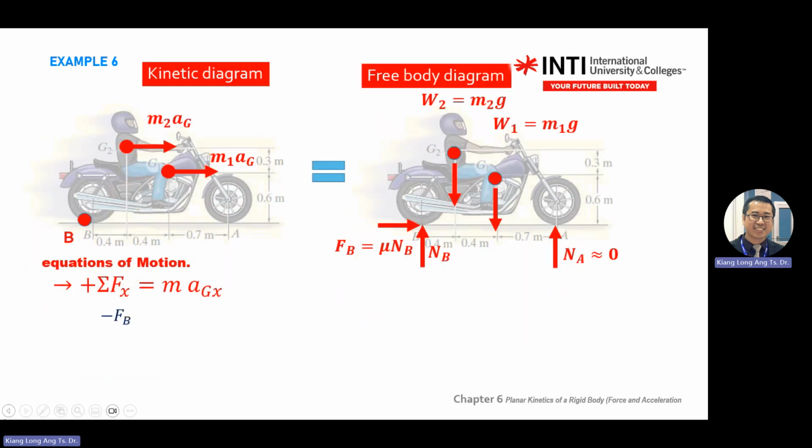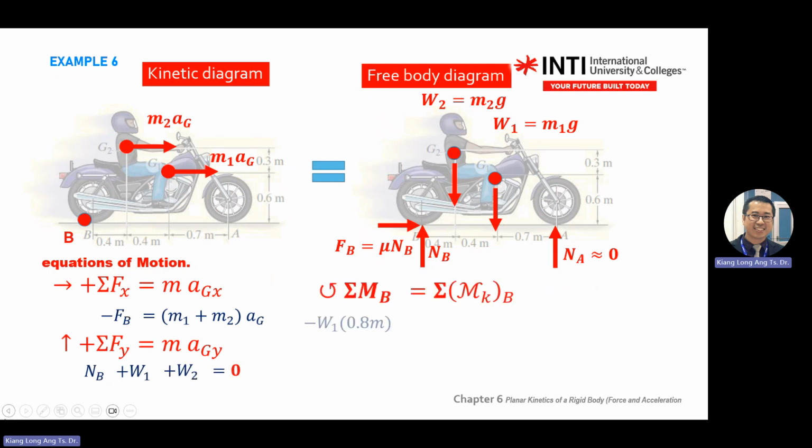So the rest is just substitute. I just show you the detailed calculation. So you'll see 3 equations. Fx, in this case, there's only one component in x, which is your FB, friction force from the wheel, equal to ma. Both have the same acceleration.